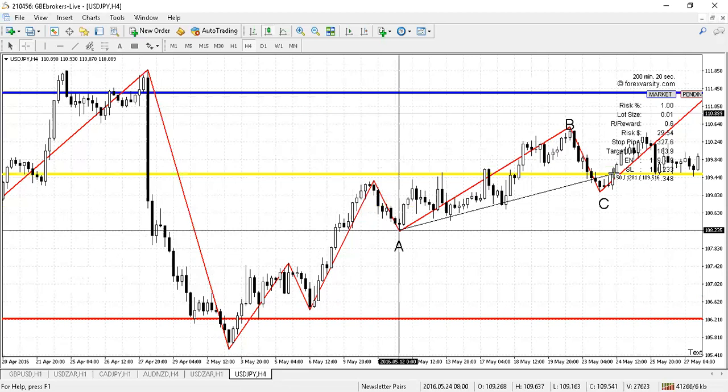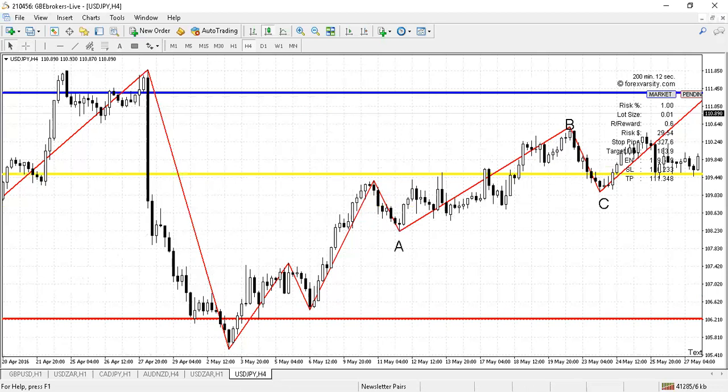That's the total distance. And what we do is we actually take 40% of that distance. So we take the number 128, get a little calculator. You get your 128 pips, and then you times that by 0.4. And that will give us 51 pips.